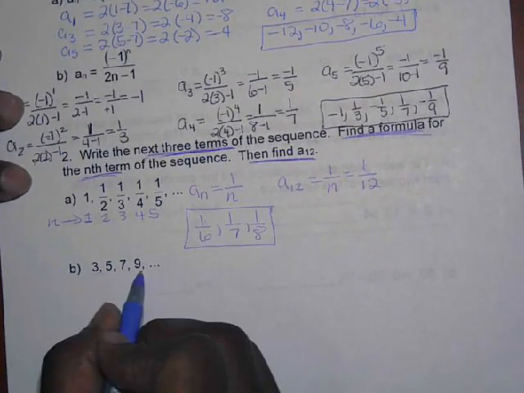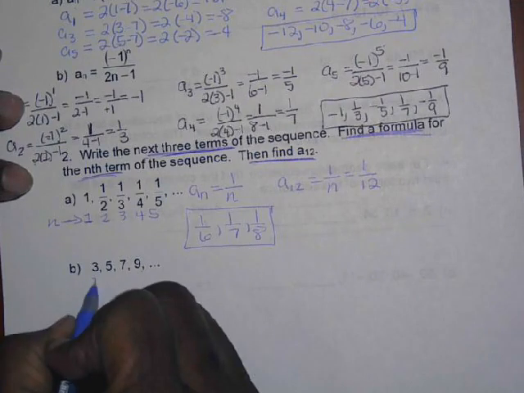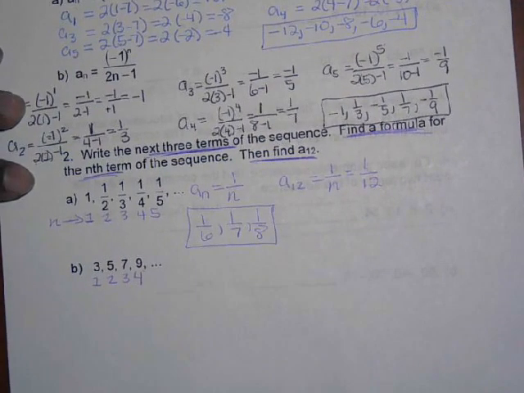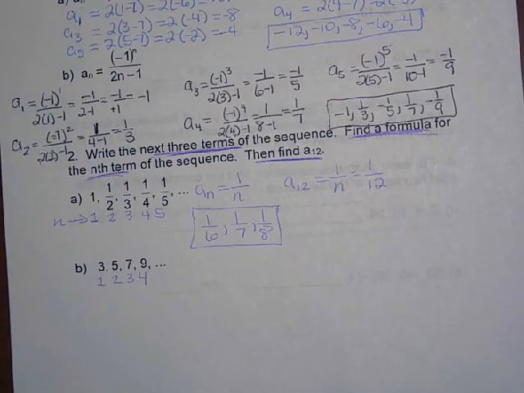What's happening here? This is my first term, second term, third term, fourth term. So let me see here. 1 plus 2 is 3.